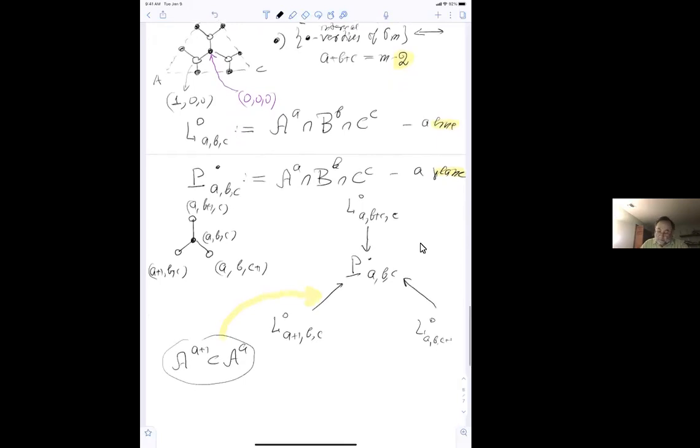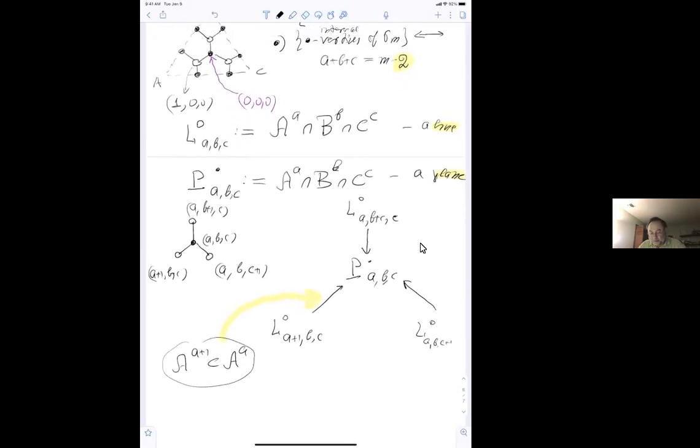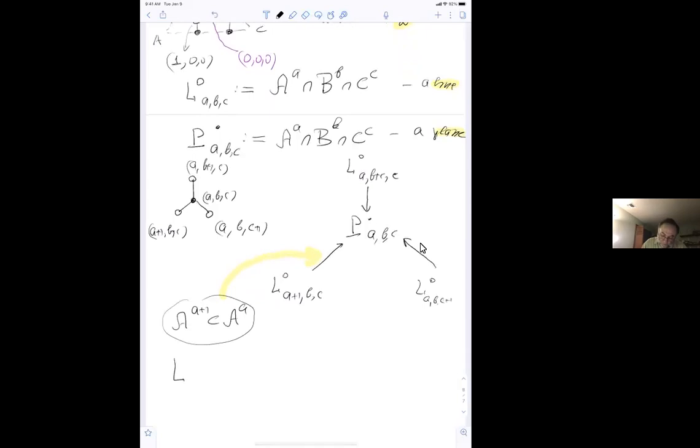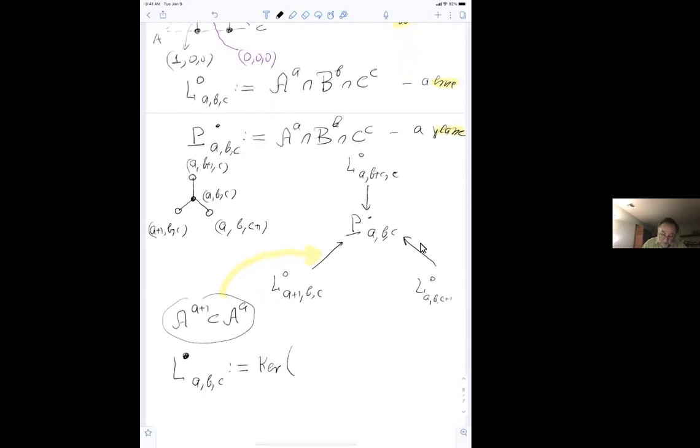All right. So now for a black vertex, we have this plane and three lines sitting in this plane. What we can do is make a new line. This will be my black line, again L_abc, and it's defined as the kernel of the map from the sum of these three lines, L_{a+1,b,c} plus L_{a,b+1,c} plus L_{a,b,c+1}, to the plane P_abc.